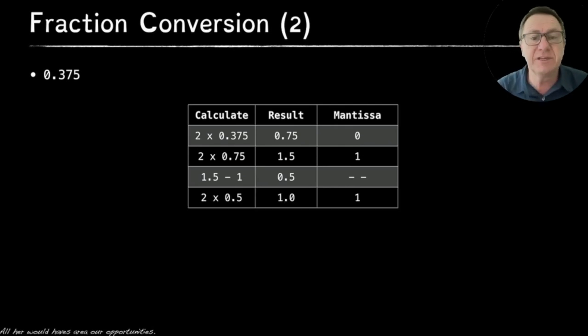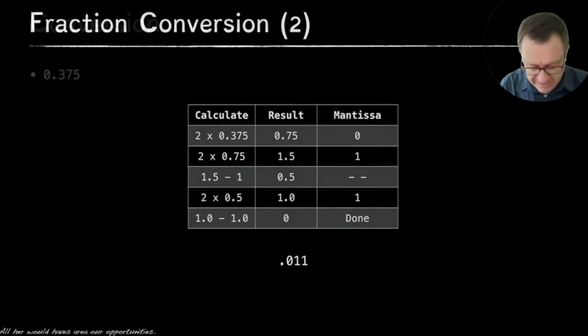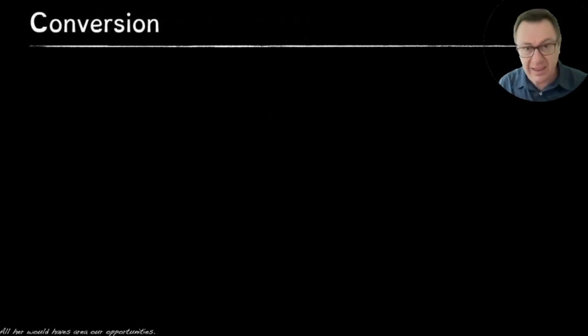And now 2 times 0.5 is 1.0. Our mantissa is 1. 1.0 subtract 1 is 0. We are done. And that is how we got 0.011. Now I realize that was quite a bit, but it's important to get an understanding of how we go about doing this.